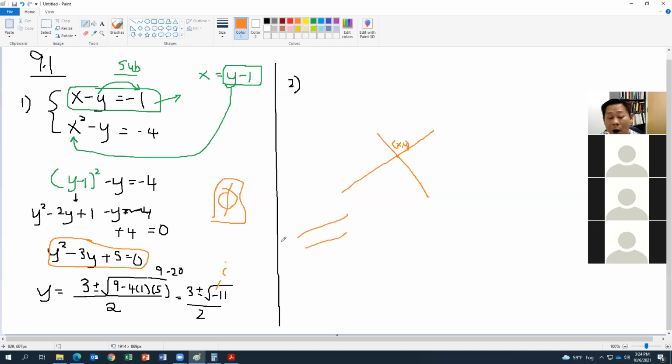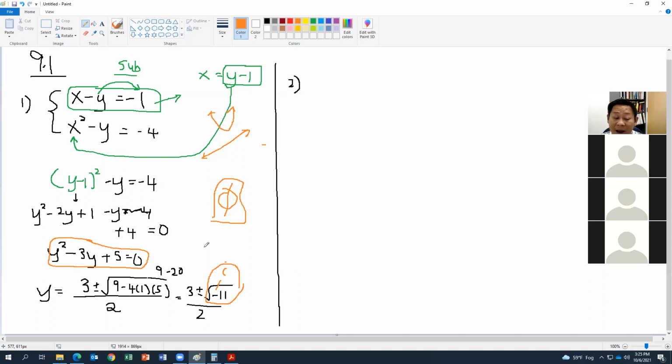If you graph this, one of them is a straight line, and x squared minus y equals -1 is a parabola opening upward like this. You notice that the parabola and the straight line do not cross. We know it does not cross because when you try to solve it, you get a complex solution.